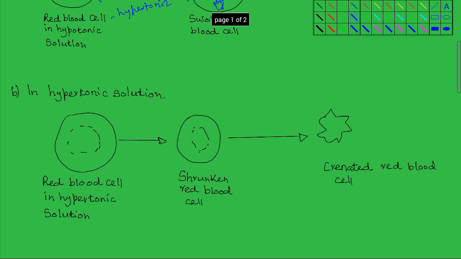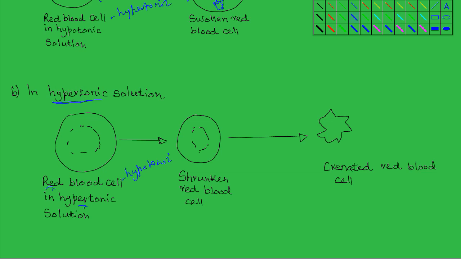This would therefore lead to a net loss of water from the cell by osmosis, because remember, in osmosis, water moves from a region of its higher concentration to a region of its lower concentration, and that will be the hypertonic solution, across the semi-permeable membrane that is created by the cell membrane.